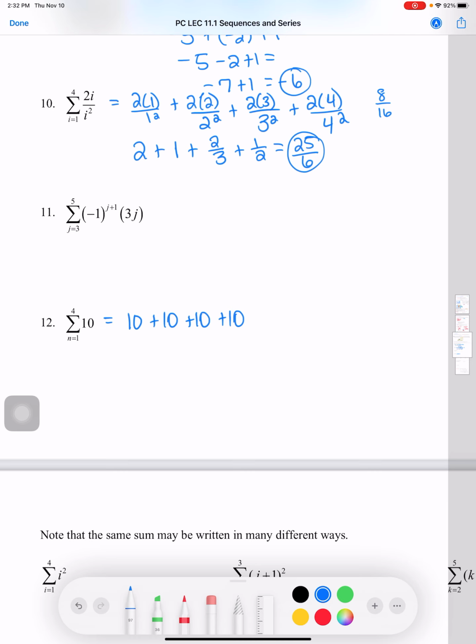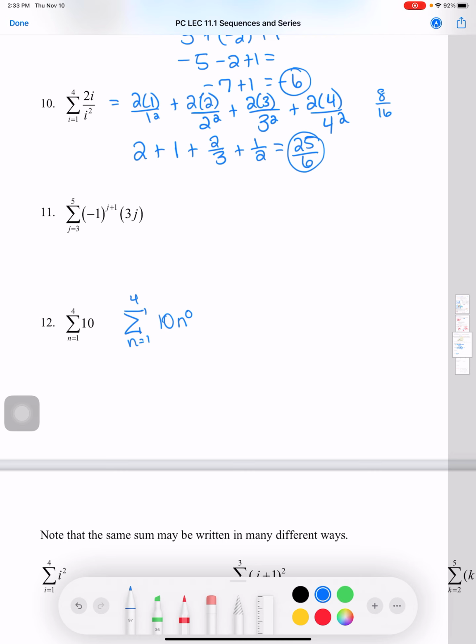A way I could reason with myself to understand why it's 10 is I could almost rewrite this summation notation as the sum from n equals 1 to 4. Then I could have 10 times n to the 0 power, right? Because anything to the 0 power is 1. And then I could substitute those values in, but each time I end up with just 10 times 1, no matter what n is.